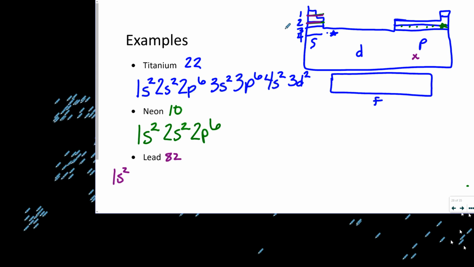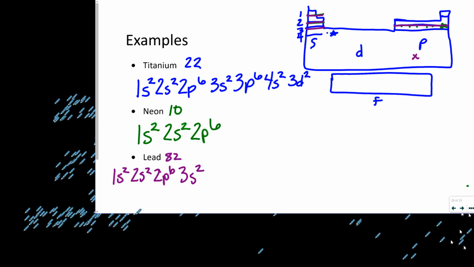Second row, S block is 2 elements across. Then we have to keep going on the second row, which goes through P. We go all the way through that second row. So that is 2p, and it's 6 elements wide. Then we go to our third row. So that's 3s, and that's 2 elements wide.